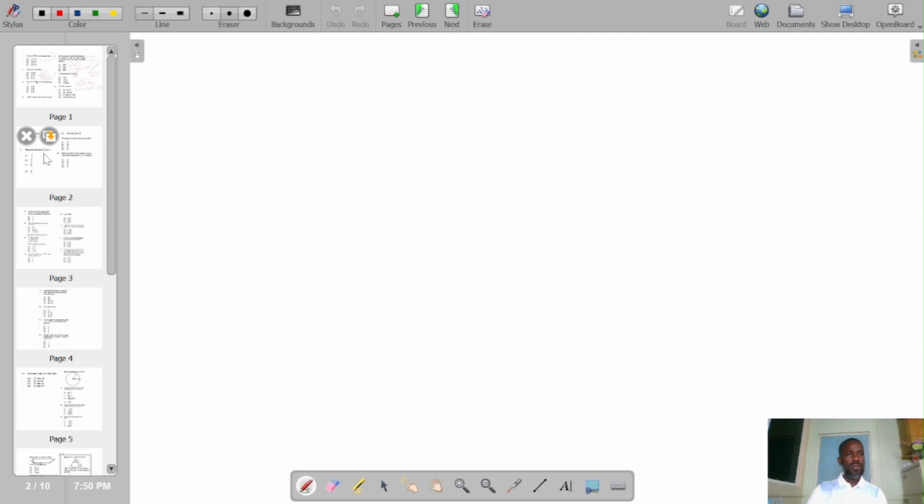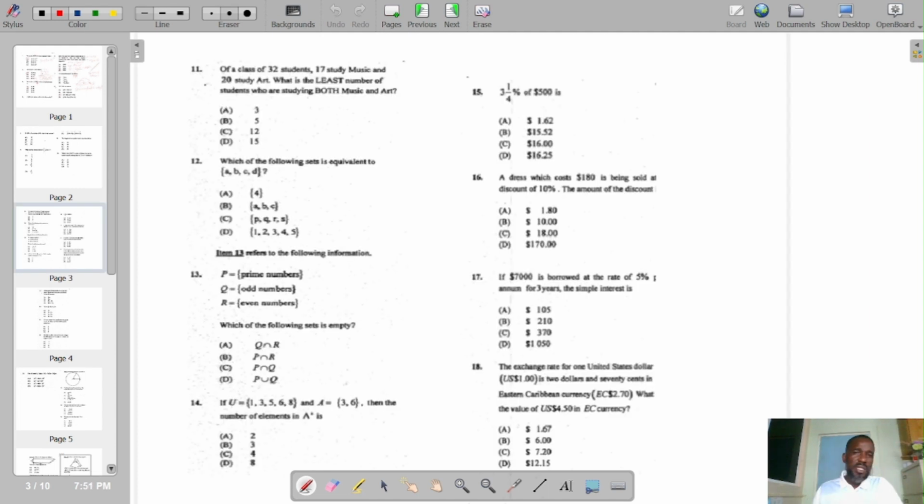So again, this is a set question, and we know that the number in M union art is equal to the number in M plus the number in art minus the number in music intersect art. So let's just plug in the values.